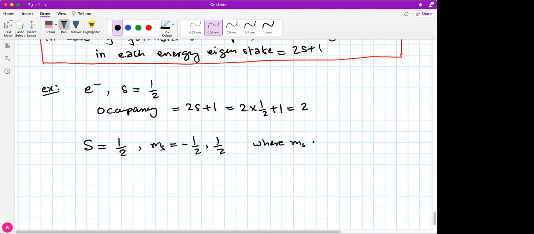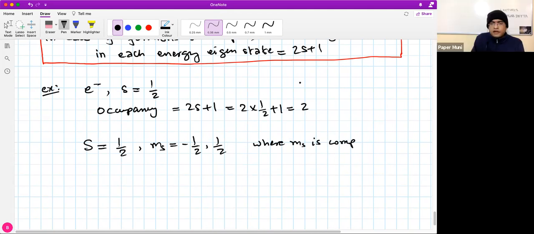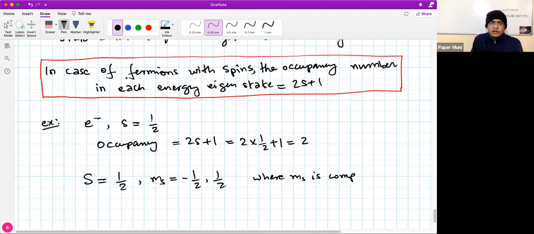I didn't understand what you said about the 2 that we got there. So I said that if you have an energy state, in the case of fermions with spin, the occupancy number in each eigenstate means: if an energy eigenstate is given to you, what is the maximum number of fermions that can be placed in that state?